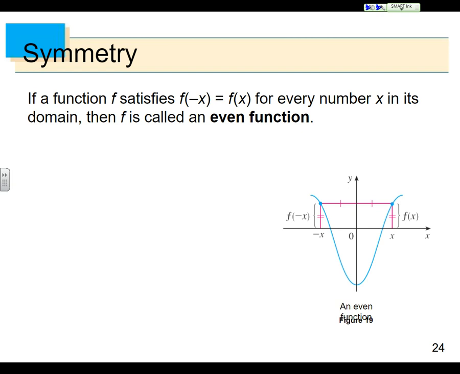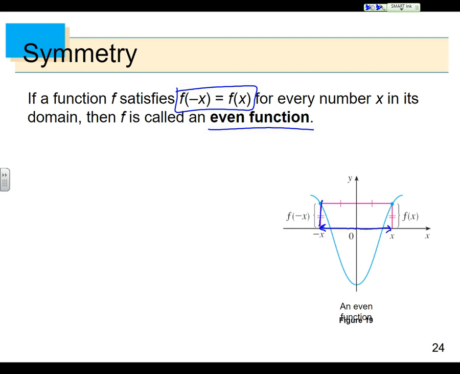So biggest thing you've got to know about symmetry, there's 3 different possibilities. The first one is known as even symmetry. I'm going to have even symmetry if f of negative x is equal to f of x. What does that mean? It means that, according to this graph, if I go over negative x units, negative 2, negative 3, negative 5.5, whatever that is, I should go up as far as if I went over to the right x units.